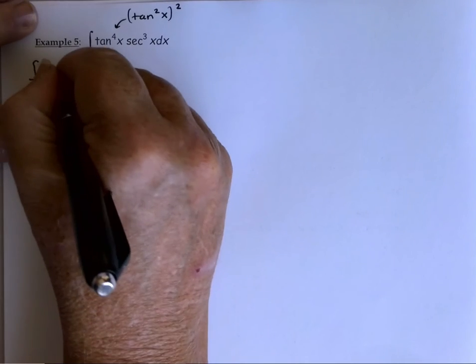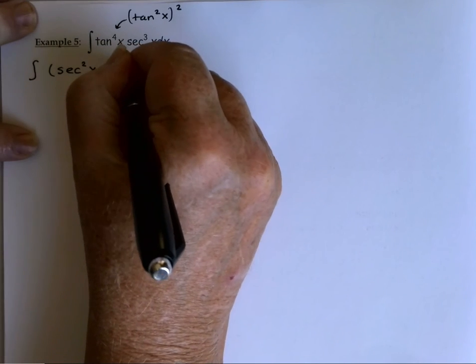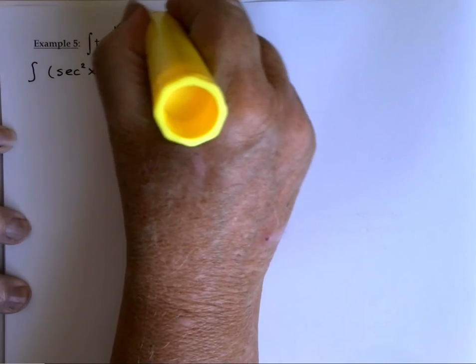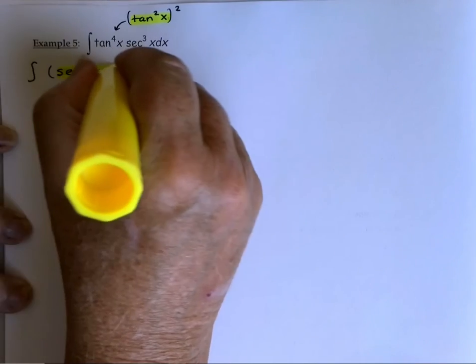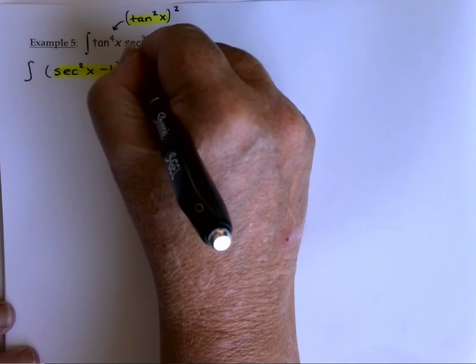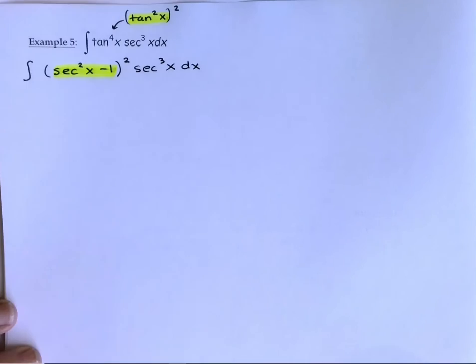So we're going to go with secant squared x minus 1 to the second power. Right. Just replacing this tangent squared right there. And then times secant cubed x dx.